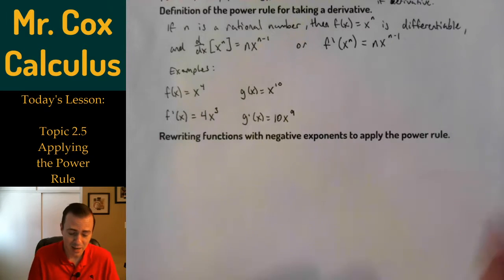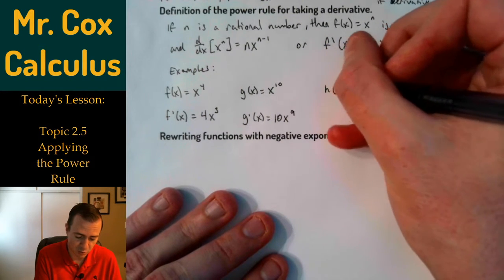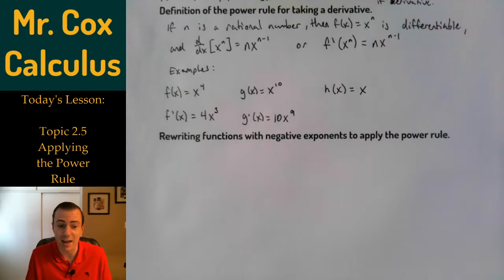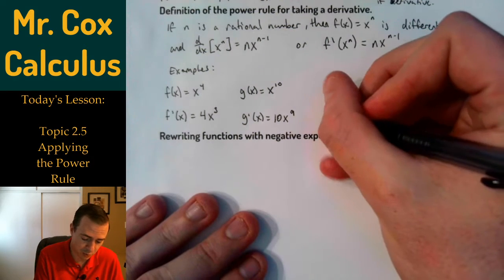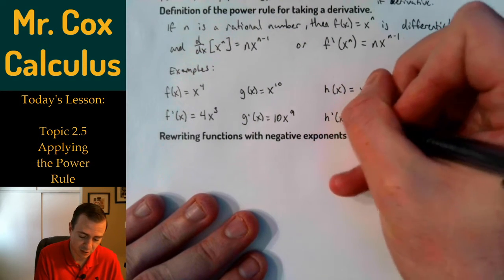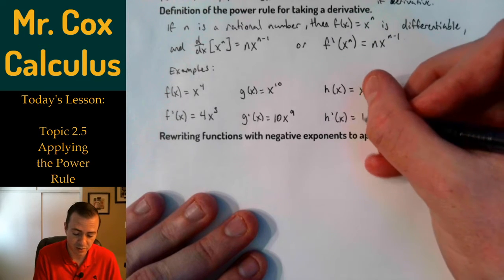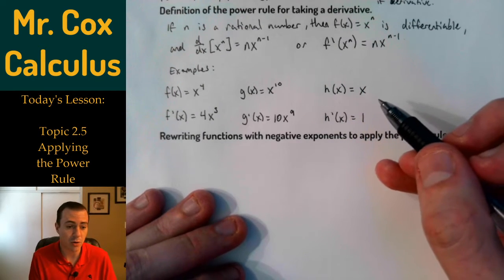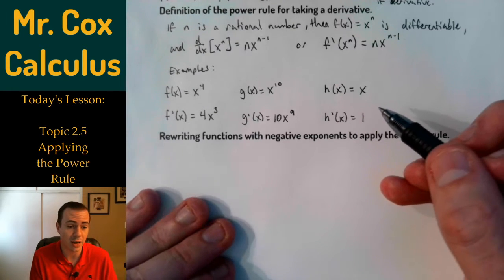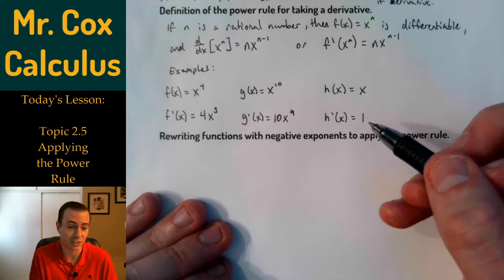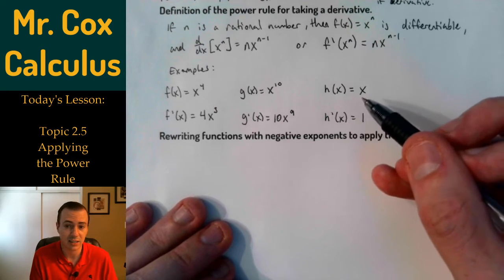A really big one, and sometimes one that you can forget about, is if I just have x, that's a power function. It's x to the 1 power. So h prime of x says take the 1, bring it out in front, and then reduce the power by 1. So what I get is 1x to the 0. Well, x to the 0 is just 1. So h prime of x is 1.